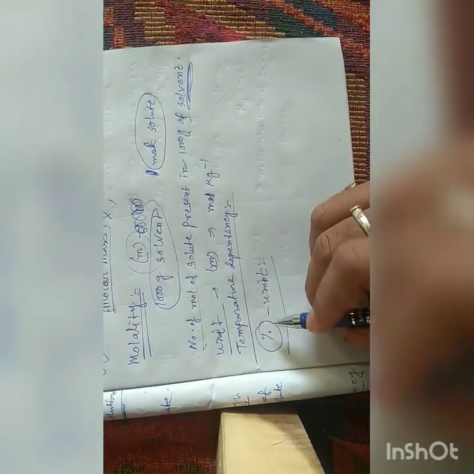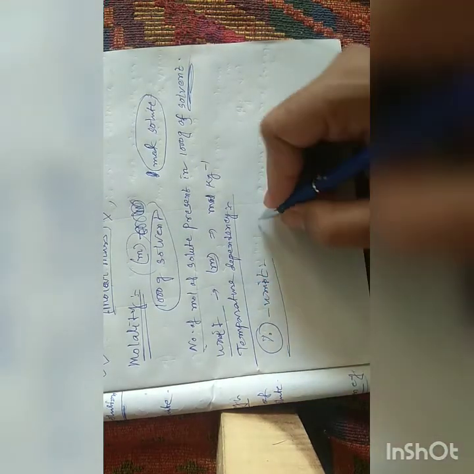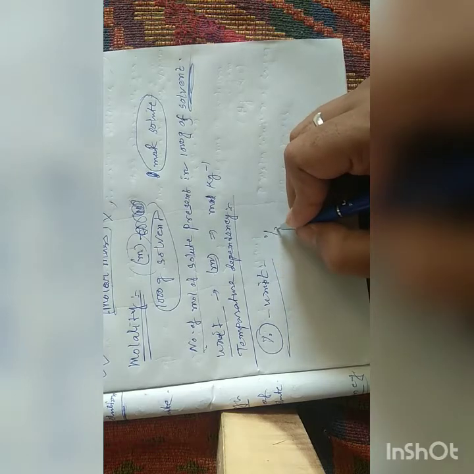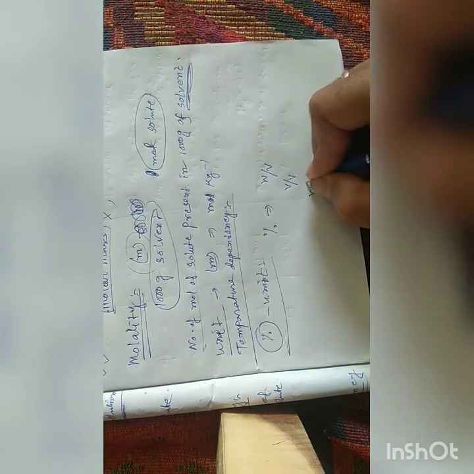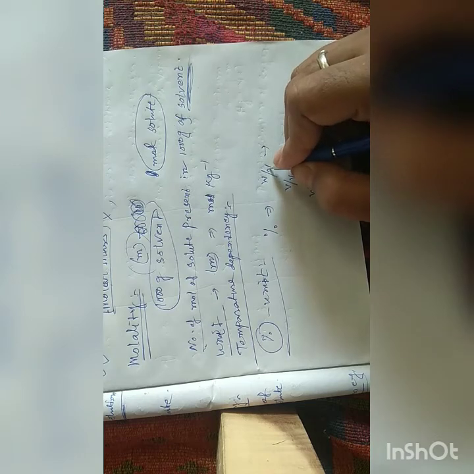There is another unit, the percentage unit, for expressing concentration. Percentage may be different: W by V, weight by volume, V by V, volume by volume, or W by W, weight by weight.